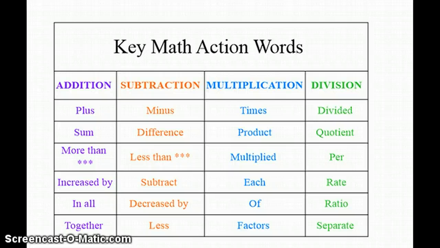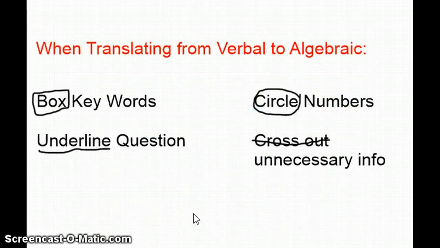Please write those down. Just like when we try to solve our word problems, when translating from verbal to algebraic, we need to box in the keywords, underline the question, circle the numbers, and cross out any unnecessary information.